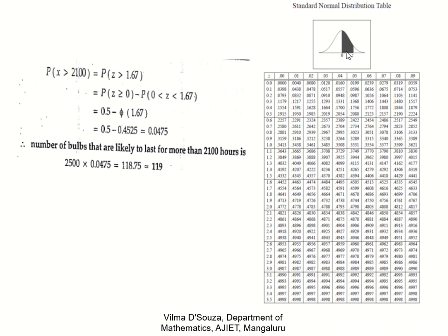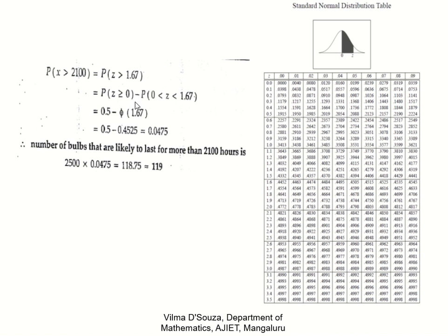This area under the curve from 0 to infinity, you know already, is 0.5, minus the area from 0 to 1.67, that is denoted as phi of 1.67. So 0.5 minus phi of 1.67.